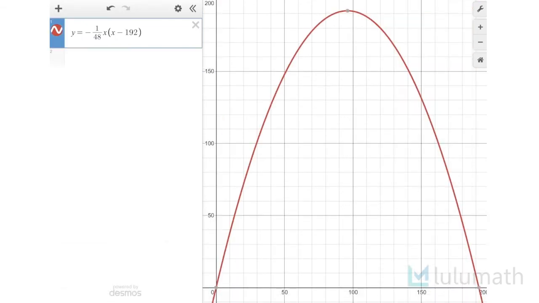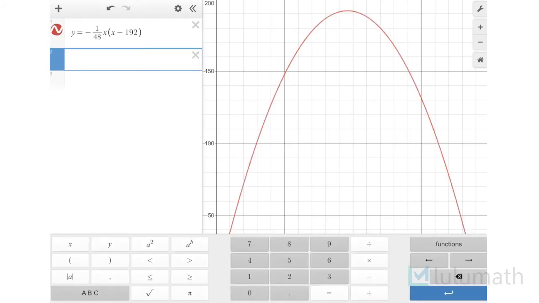Now, if you look and see, we can see it goes from 0 to 192, which is exactly what we need. And we can also see that it has a maximum height of 192 at a width of 96 meters. So this looks really good. This looks really promising. Now, we also need to determine what value of y we're going to get when x is 5.